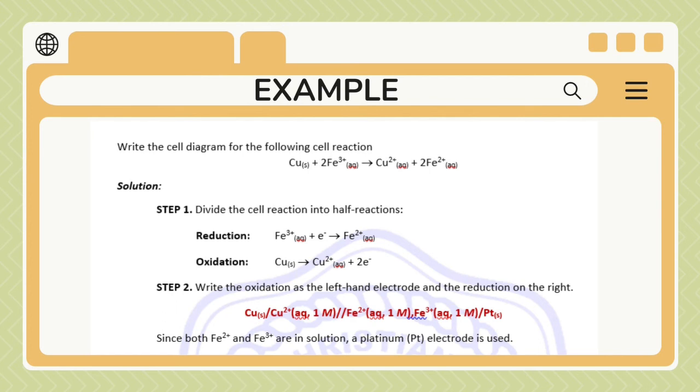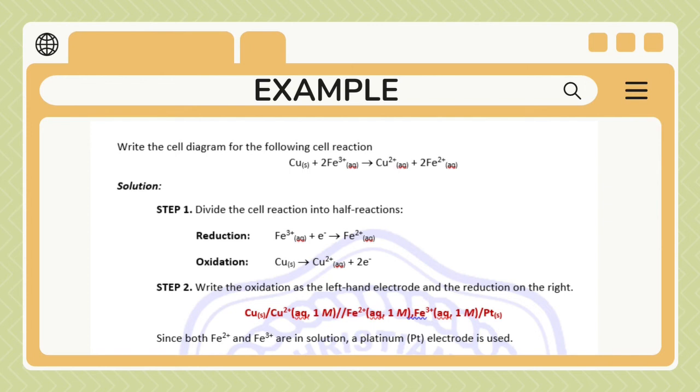Again, oxidation is loss, reduction is gain. The reduction is Fe3 plus aqueous plus an electron produces Fe2 plus aqueous. For the oxidation, we have Cu solid produces Cu2 plus aqueous plus 2 electrons.